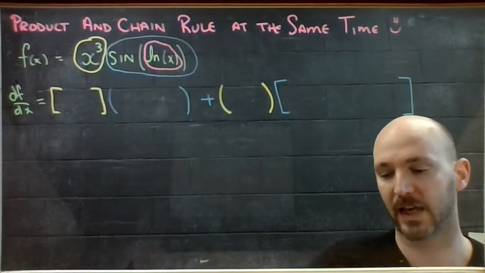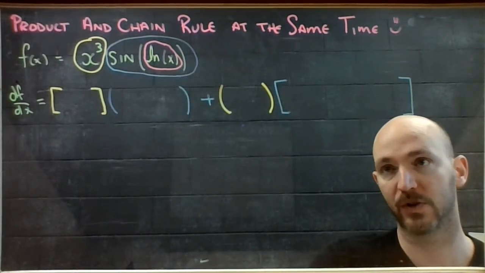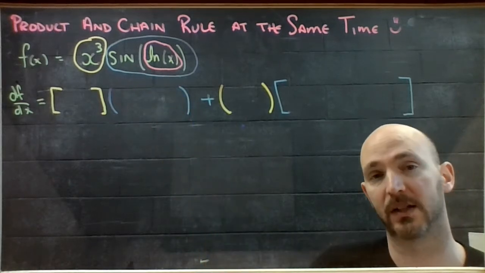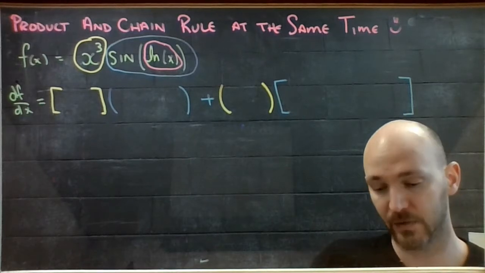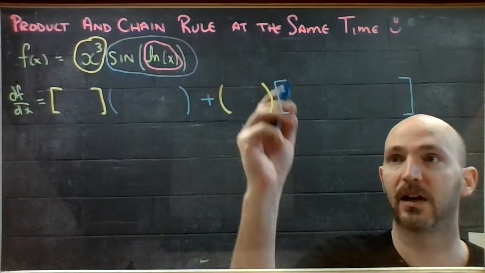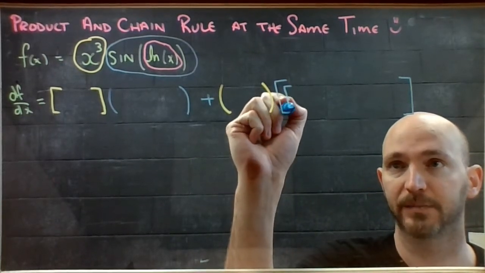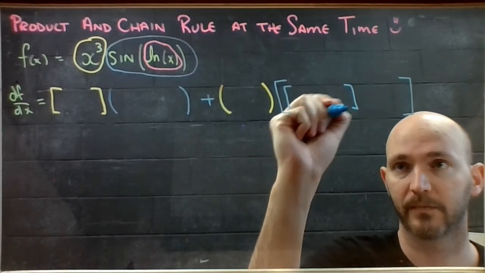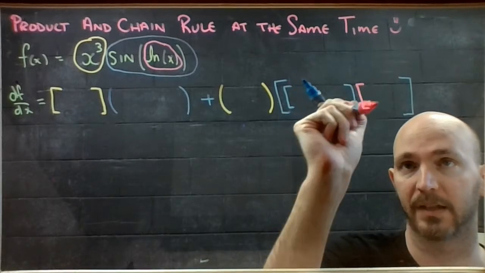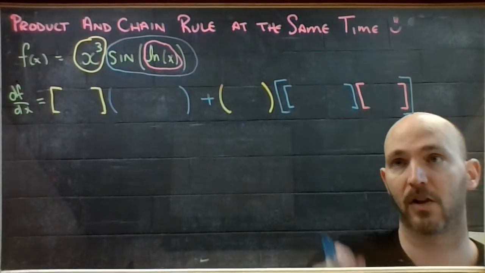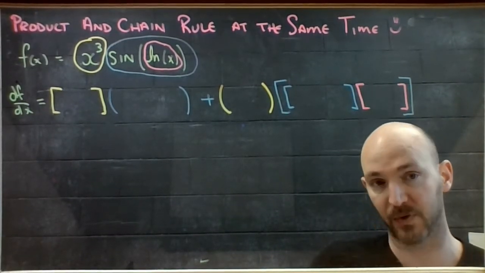The only complication arises when I go to do the derivative of sine ln x. So that's the piece that goes in here. When I do that, there's going to be a derivative of the outer layer, and then it multiplied by the derivative of the inner layer, all contained inside of that particular term.